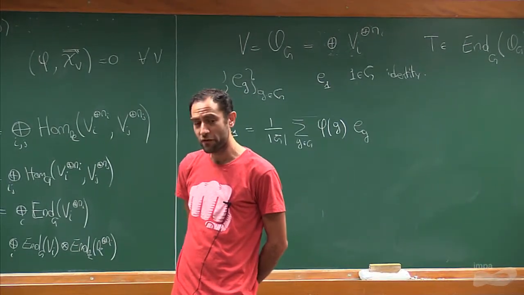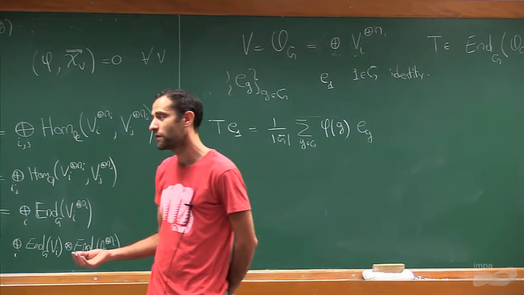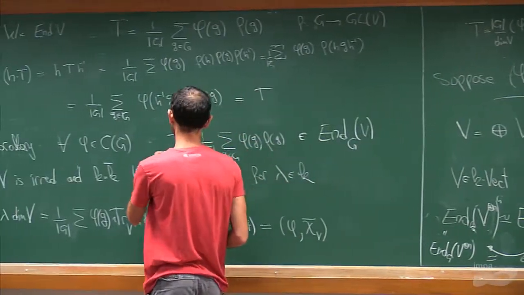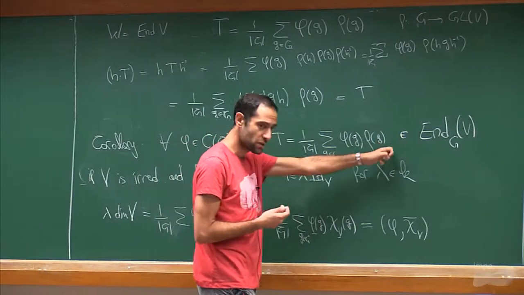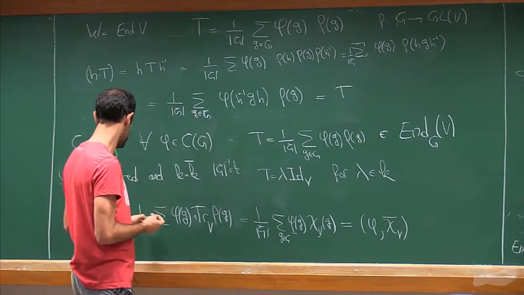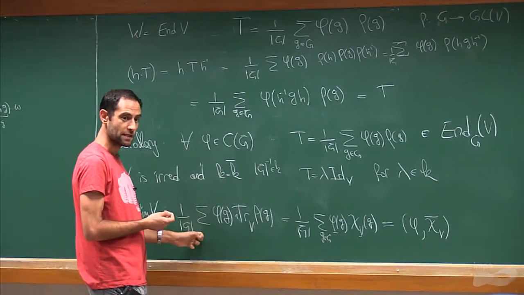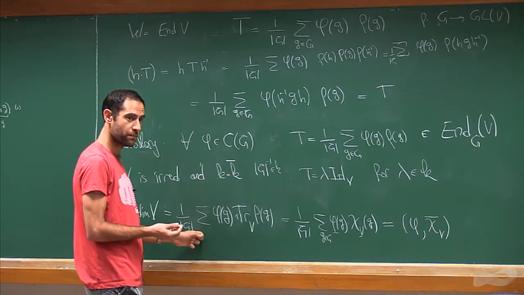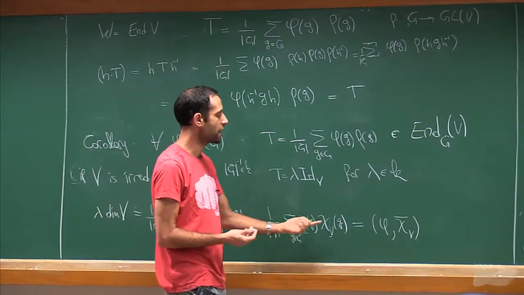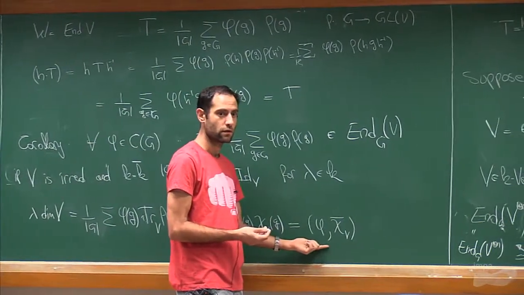So what I've proven is that if you have a class function, and you take an irreducible representation V, then this T becomes a multiple of the identity in the irreducible representation. And that multiple of the identity, we've identified it with an inner product.